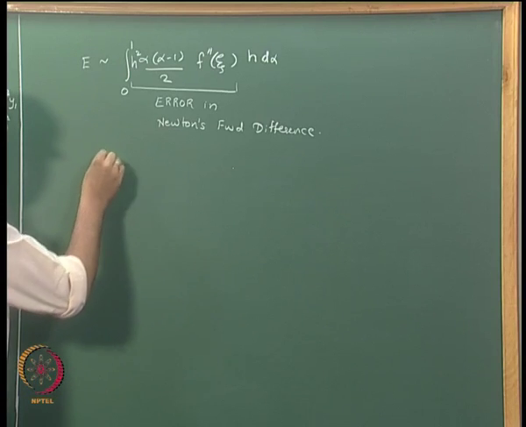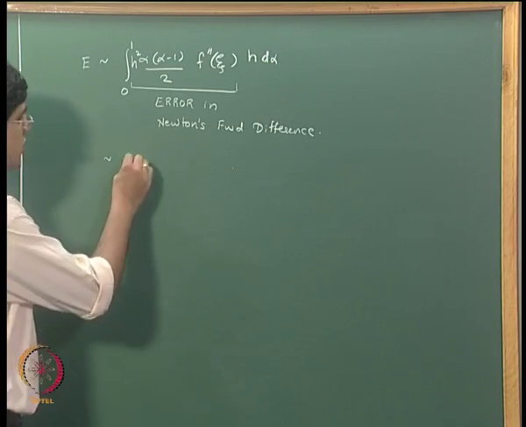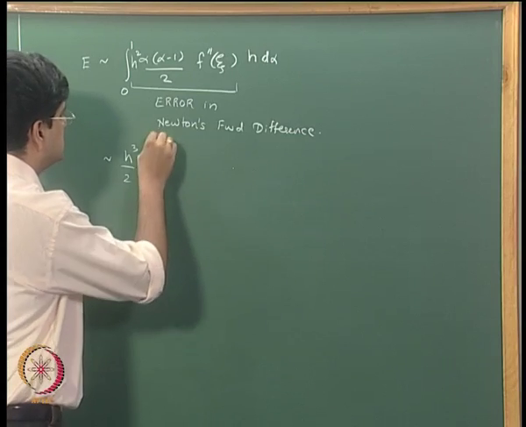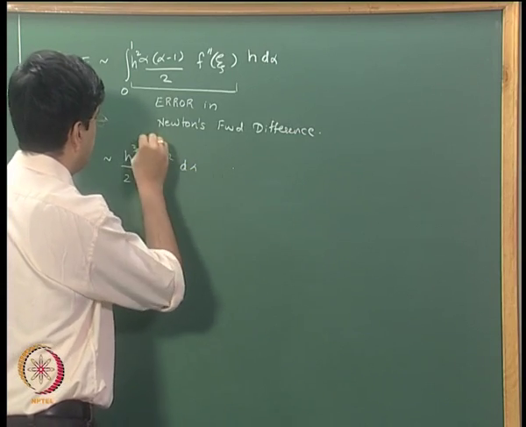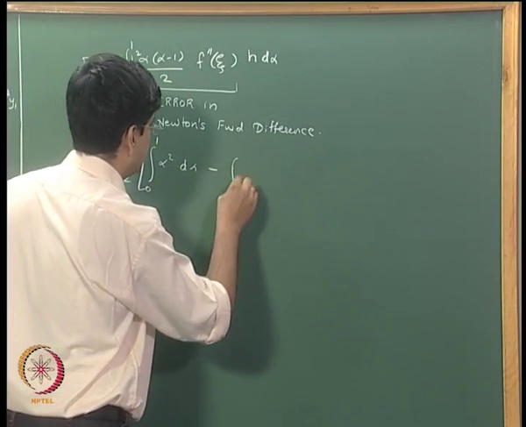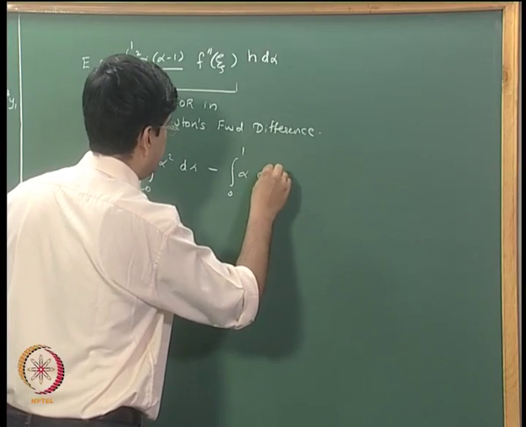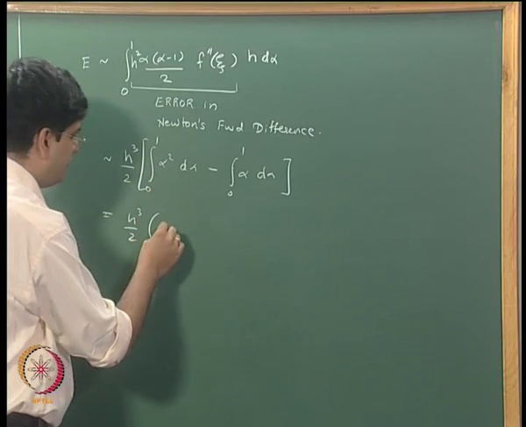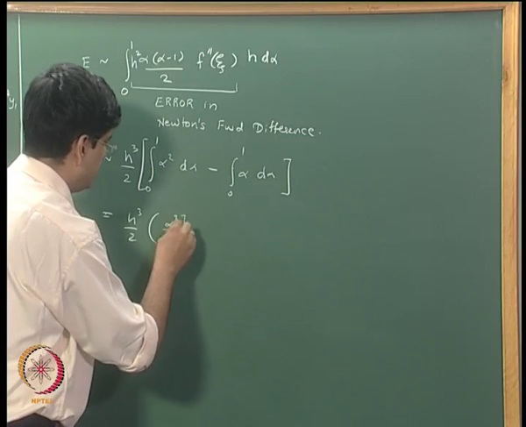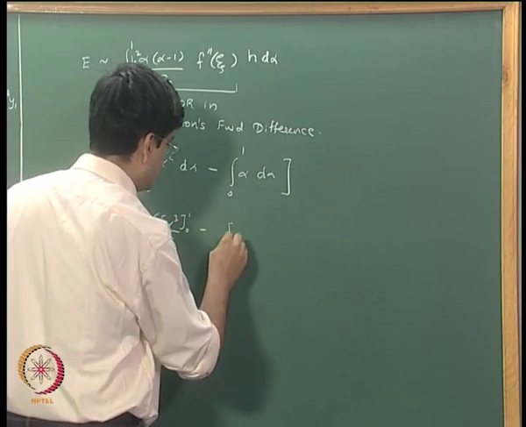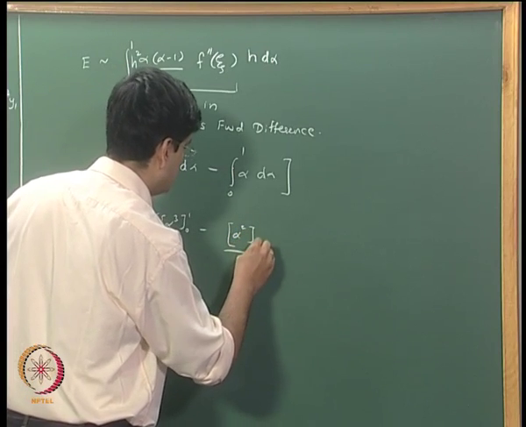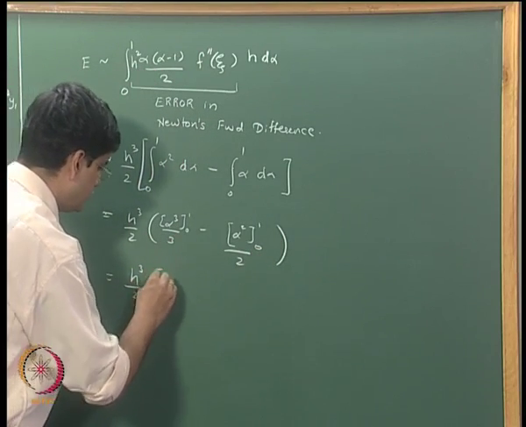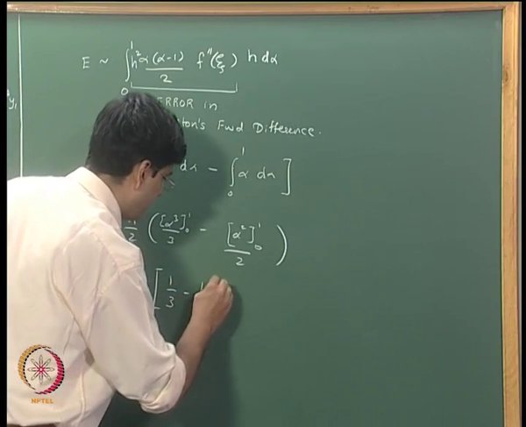okay. So the error for the trapezoidal method is of the order of h cube by 2 multiplied by the integral from 0 to 1 of alpha square d alpha minus the integral from 0 to 1 of alpha d alpha, okay, which is equal to h cube by 2 multiplied by alpha cubed by 3 from 0 to 1 minus alpha squared by 2 going from 0 to 1, okay, which is h cube divided by 2 multiplied by 1 by 3 minus 1 by 2, okay.